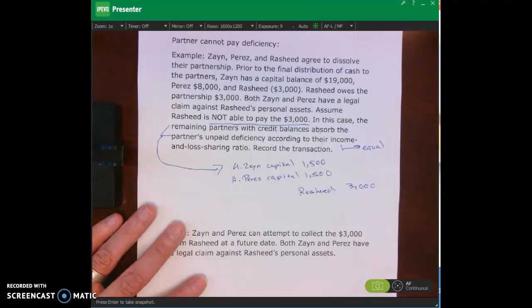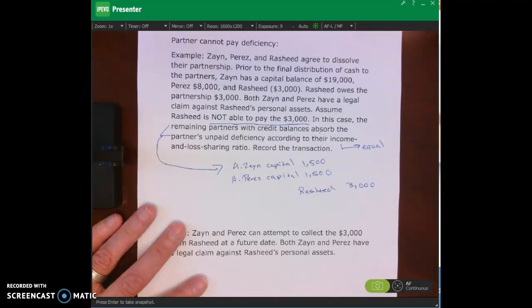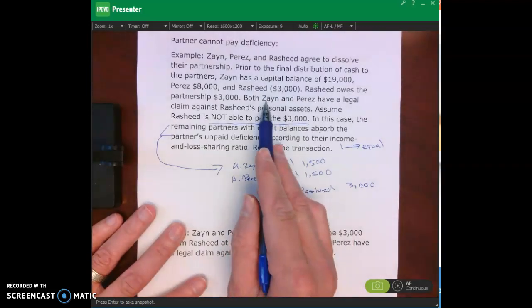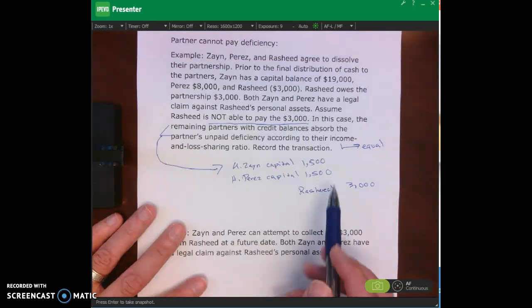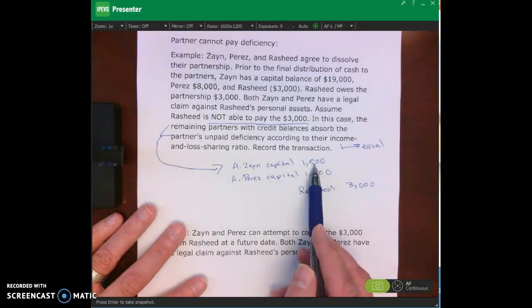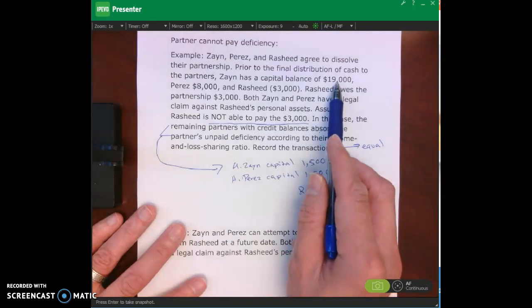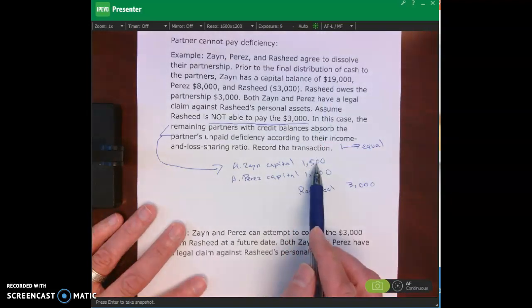Now the second journal entry is the distribution of cash and the closing out of the capital balances to the remaining partners, to Zon and to Perez. So now what we have to do is look at, well, what's their balance in capital? Well, it was 19,000 right over here for Zon, and I just decreased it by 1,500. So the balance is 17,500.